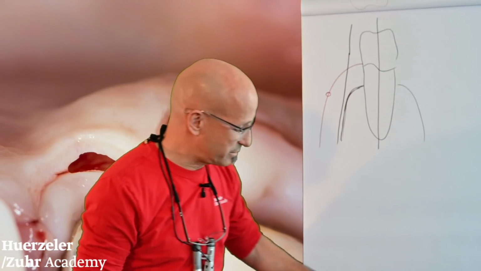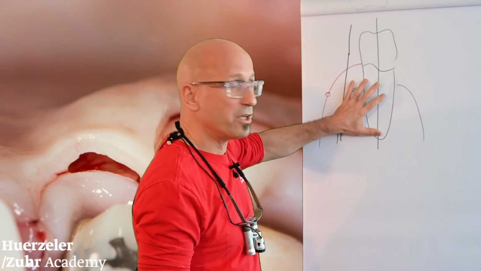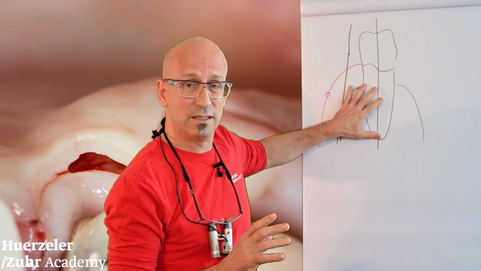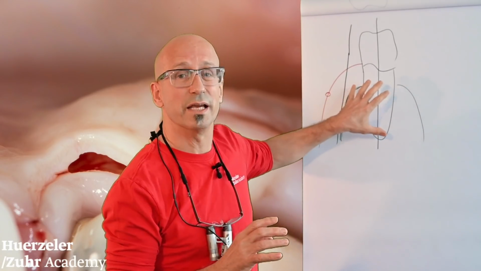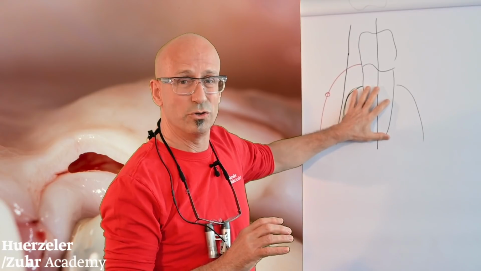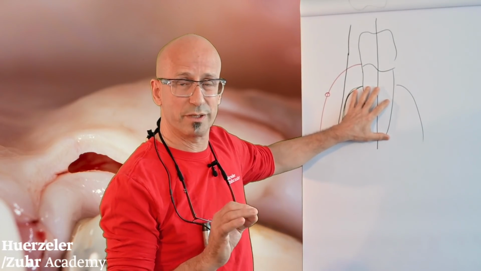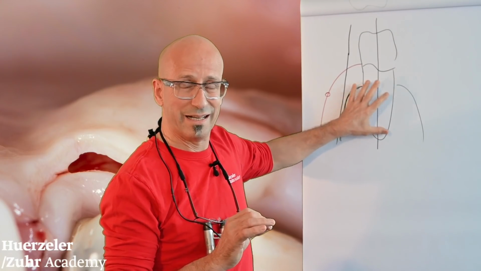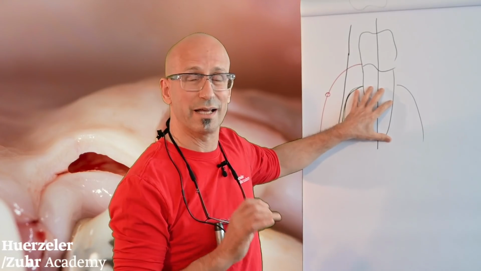This is a diagram you very often can see in books. And indeed, if you follow these guidelines, you're going to have problems in the postoperative phase. That's why we need to discuss exactly this issue. That's very important.